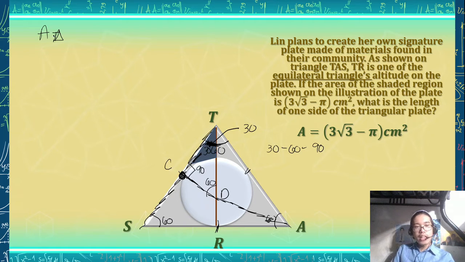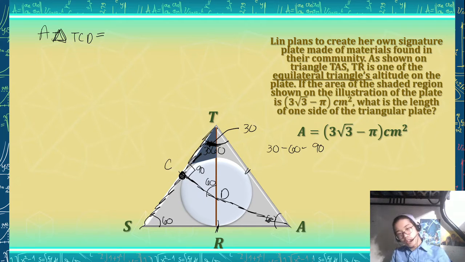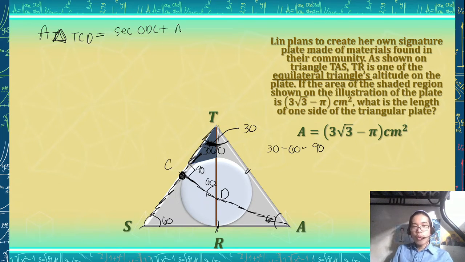So we can say that the area of triangle TCD is going to be equal to the sum of the area of sector ODC plus the area of the shaded region given in our problem.